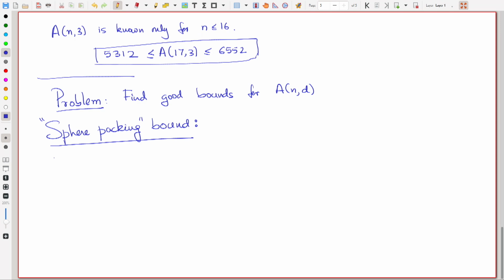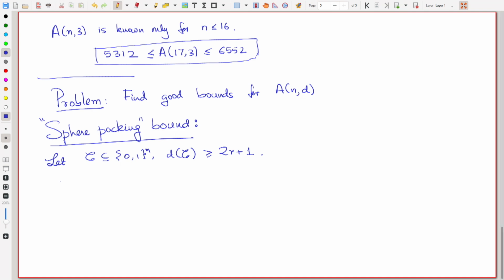So let C be a code, let C be a subset of {0,1}^n with d of C greater than or equal to 2r plus 1.